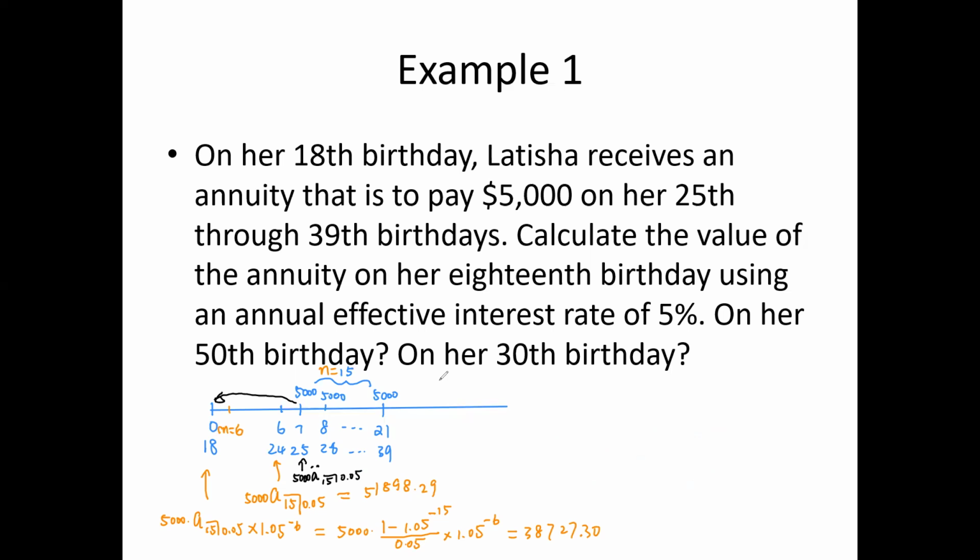So on her 30th birthday, the 30th birthday is somewhere here, and that is actually 12. So this number is 12. So you have 12 time periods. So this value, 38,727.30 times 1.05 to the 12.